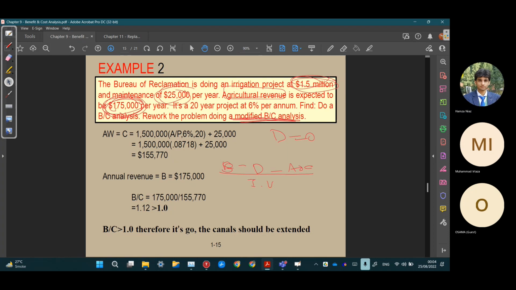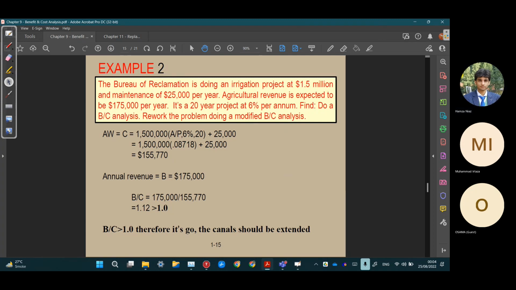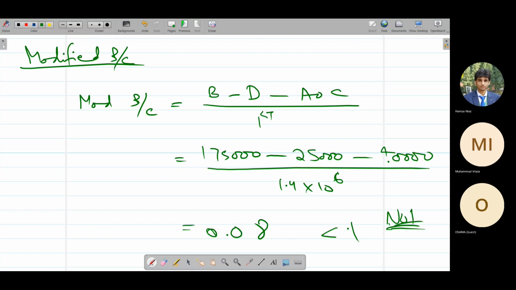So either we can use this formula, or in this question they have done a little bit different. They have found the annual worth of the cost. Actually, in this case also, we cannot use this simply like this.